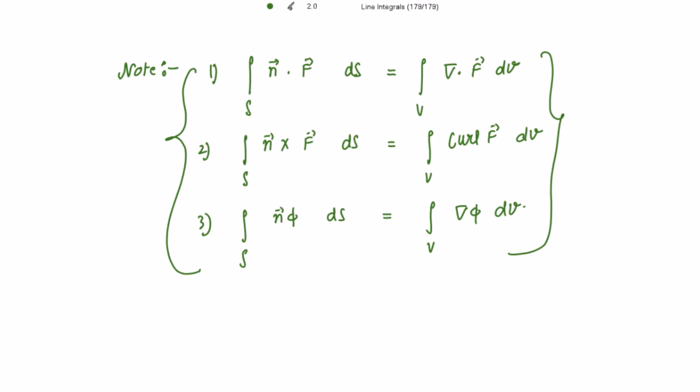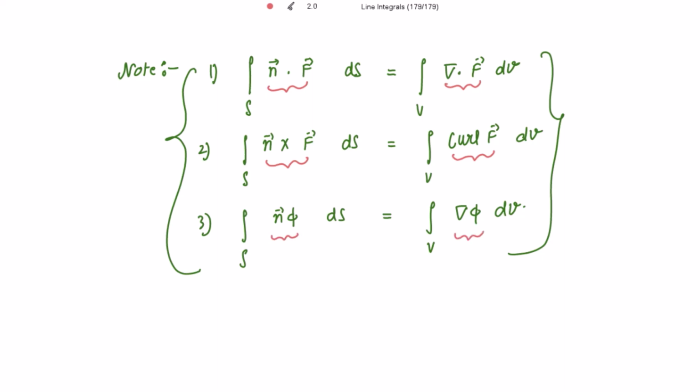Let's read them again. The first result is the surface integral of dot product of n vector with f vector equal to the volume integral of divergence of f vector. Second, the surface integral of cross product of n vector with f vector is equal to the volume integral of curl of f vector. Third, the surface integral of n vector multiplied with phi is equal to the volume integral of grad of phi.